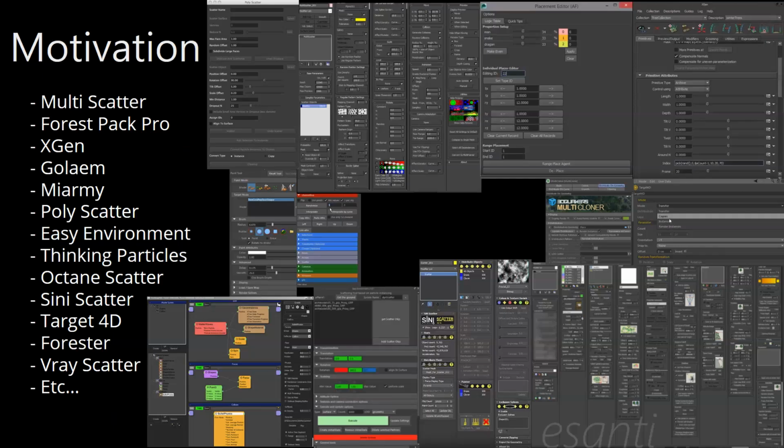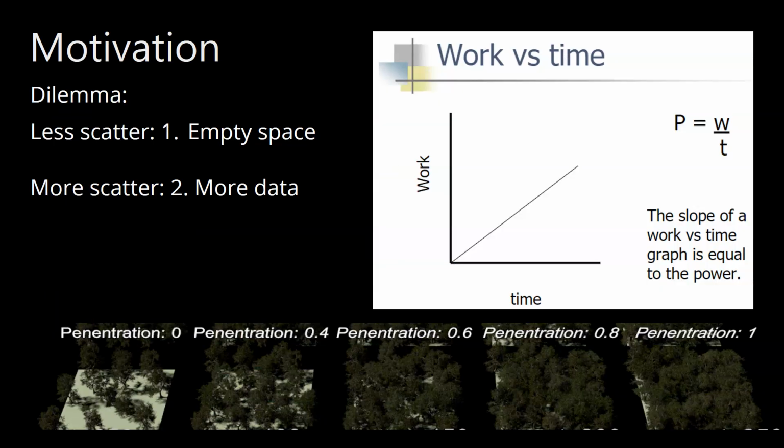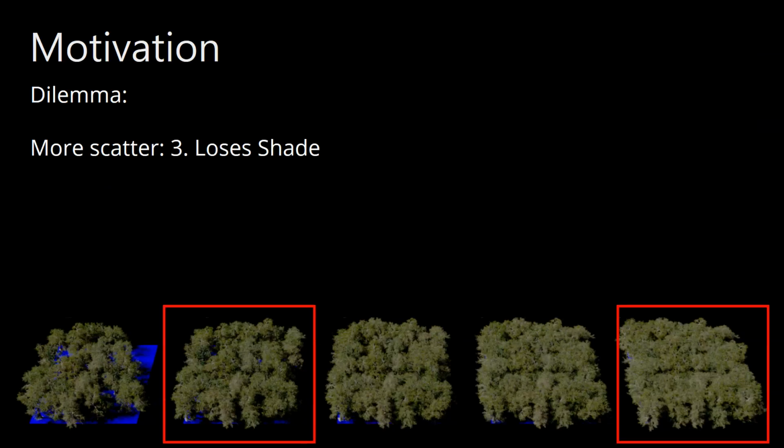First of all, this is how I felt when I use existing scatter sets. The common dilemma is that render time and memory increase with scatter numbers, and we lose shade at the edge of trees when it's too much.